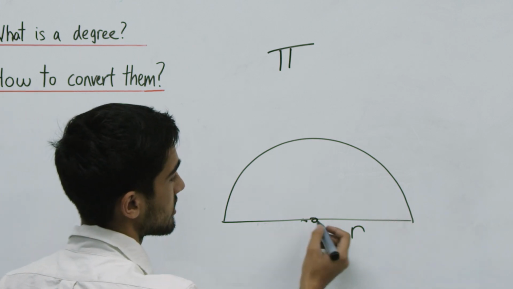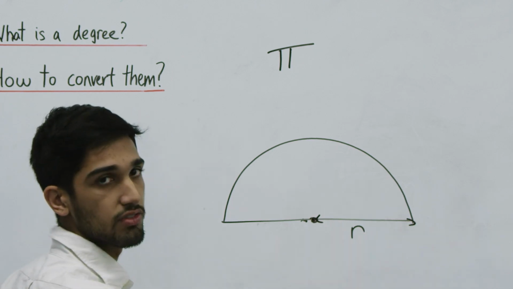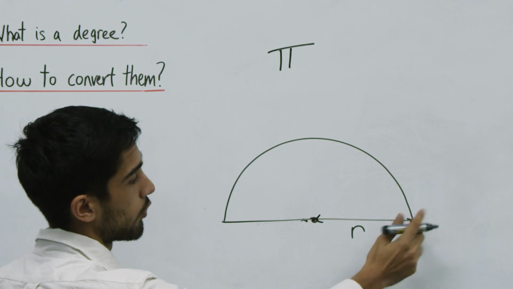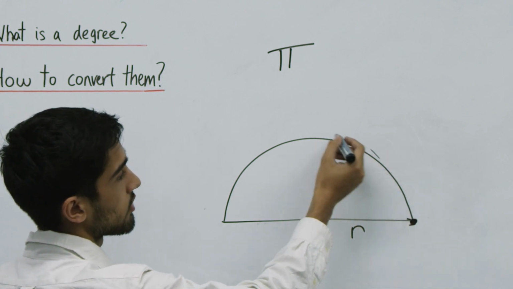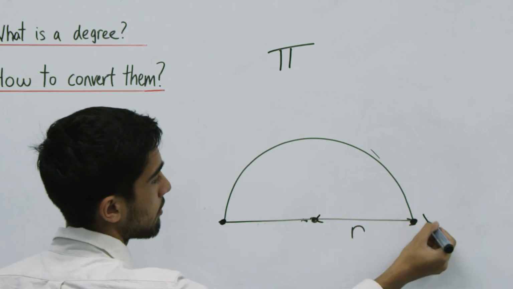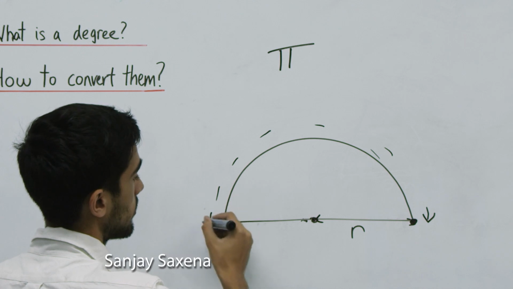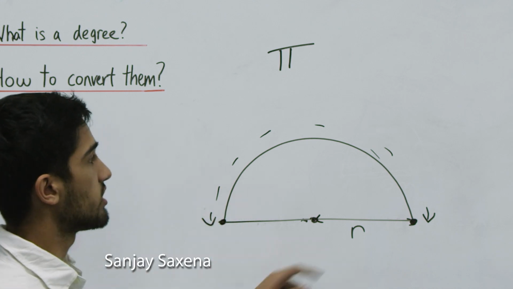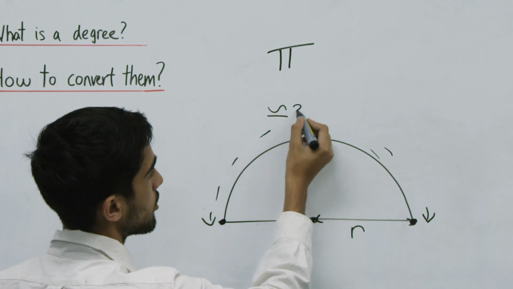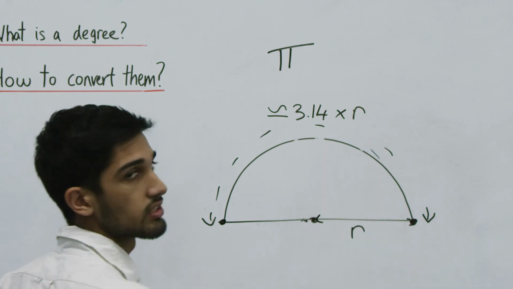Remember the radius is from the center to the outside of a circle. If I was to stand on one side of the circle and walk around the circle all the way to the other side, the distance I would travel from here to here is always equal to some number that is close to 3.14 times the radius.